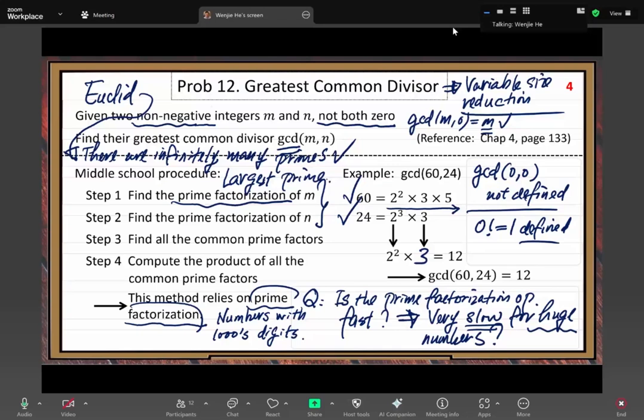So one organization gave a prize. As I remember, the prize was not too big, something like $100,000.